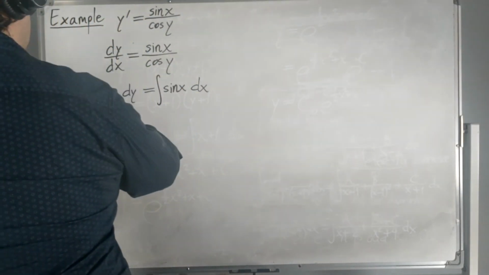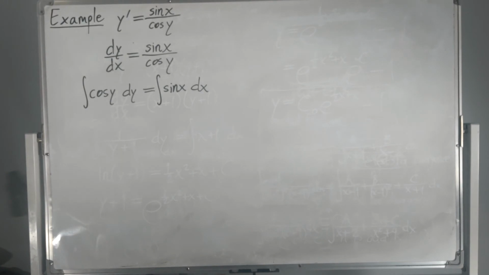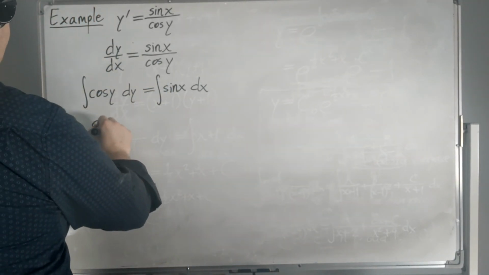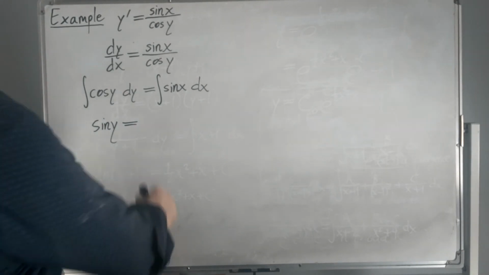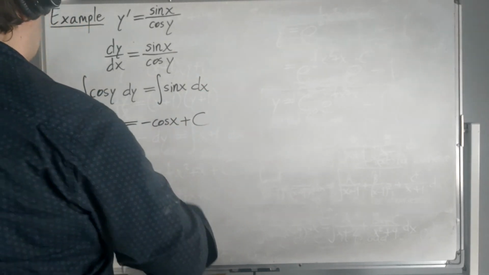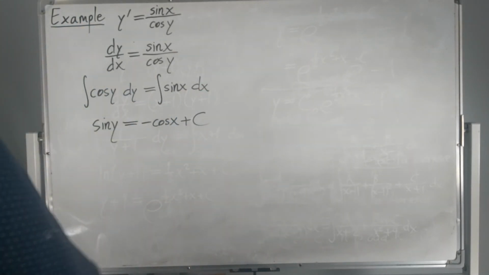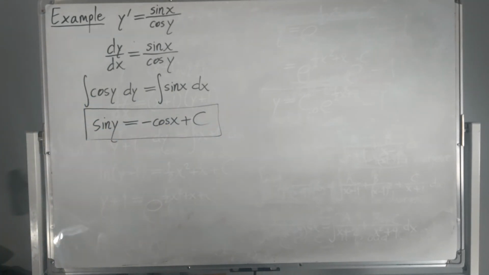And these are just integrals, right? So an antiderivative of cosine y would be sine y. An antiderivative of the sine of x would be the negative cosine of x. And that's about the best you can do. So let's leave that as an implicit solution.